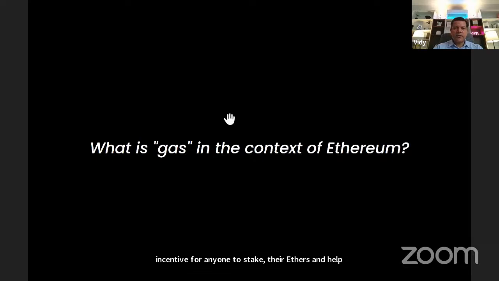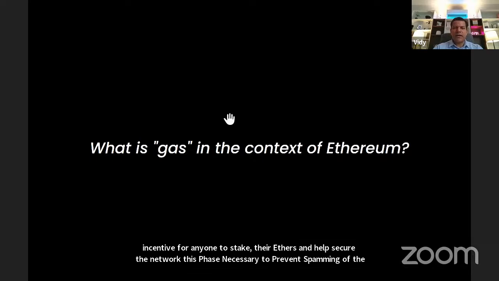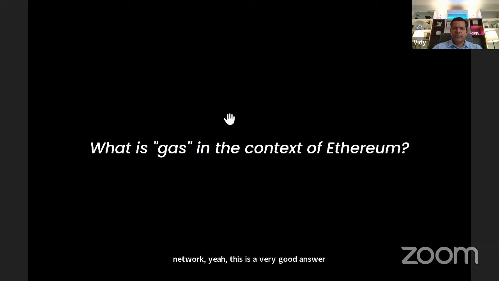This fee is necessary to prevent spamming of the network. Yeah, this is a very good answer. Gas is incentive or blockchain transaction fee paid to network validators for their service to blockchain. Basically, it is a fee that is required to maintain the network and also to incentivize the people who are mining.